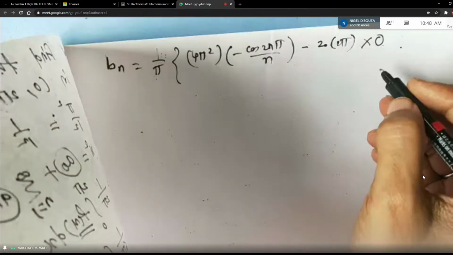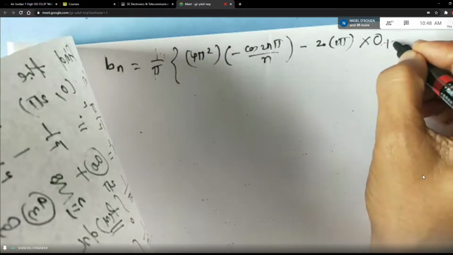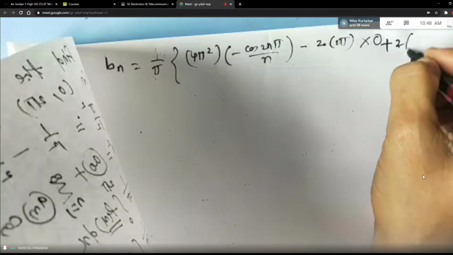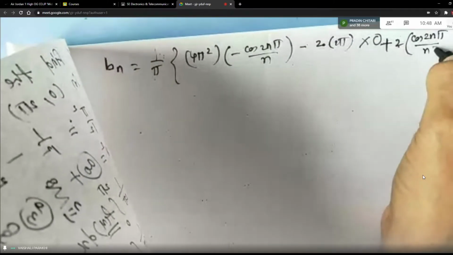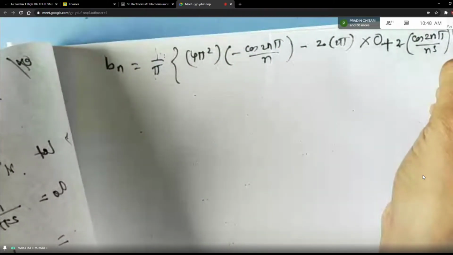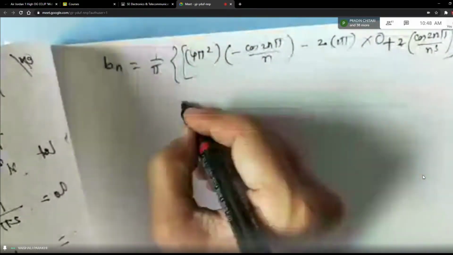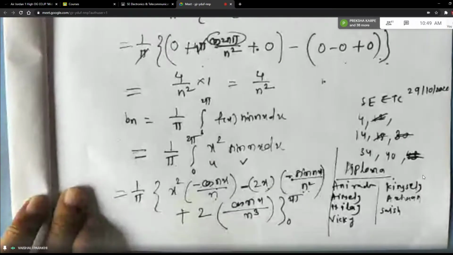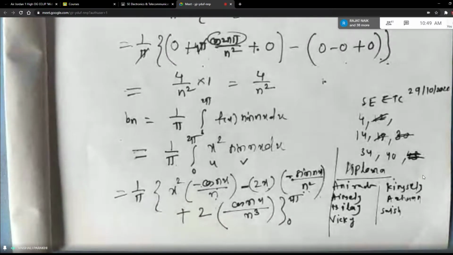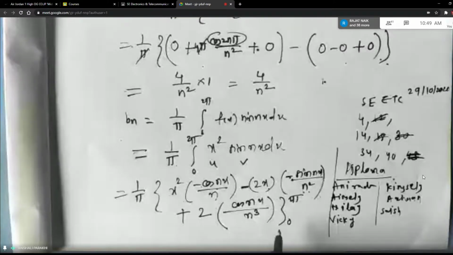Then plus 2 times cos of 2n pi divided by n cube. And this is the substitution for the upper limit. So wherever there is x, students, I am putting 2 pi, nothing else. Now in the next step, wherever there is x, I'll put 0, right? Which is our lower limit.